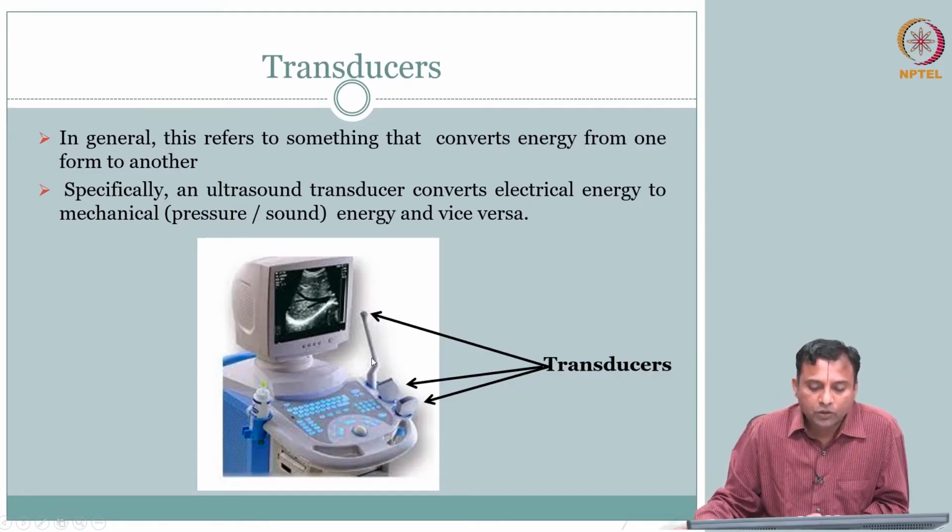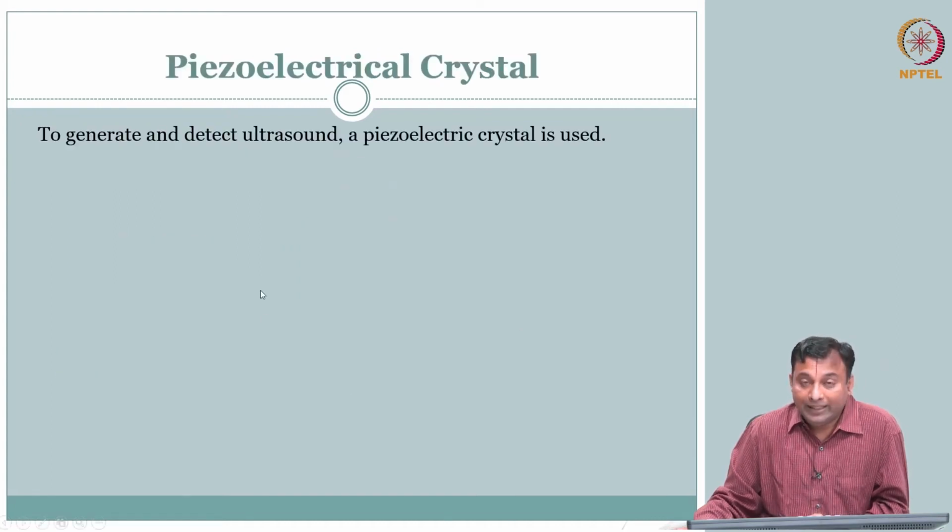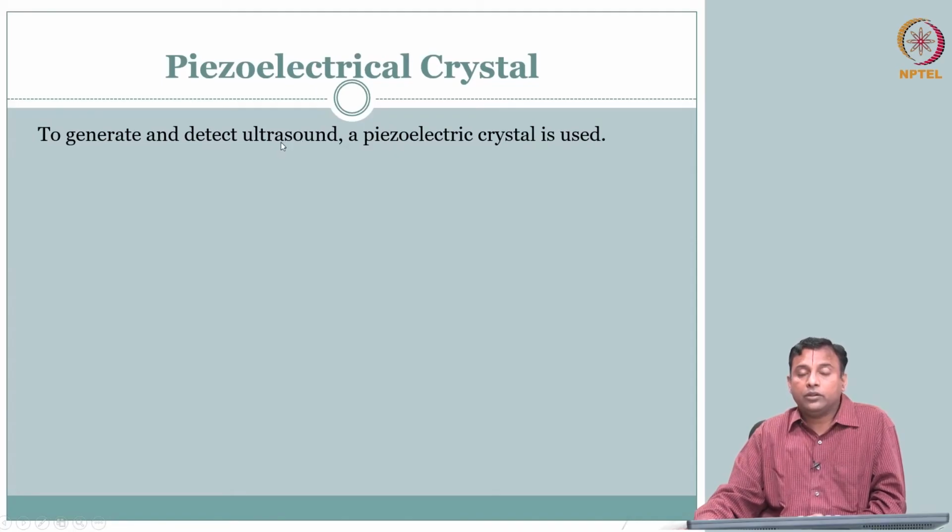So, the transducer has several components. The major active component of interest is your piezoelectric material here. What does that do? The piezoelectric material can generate and detect ultrasound. The advantage here is this material can act both as generating the ultrasound, so it can be used in transmit, and also in receiving.